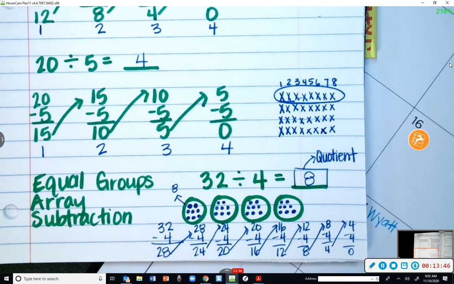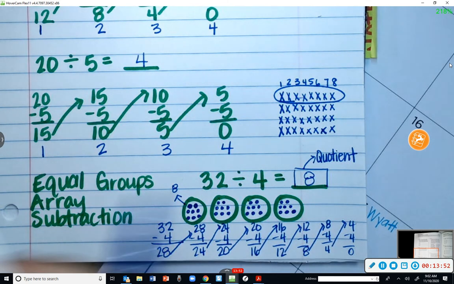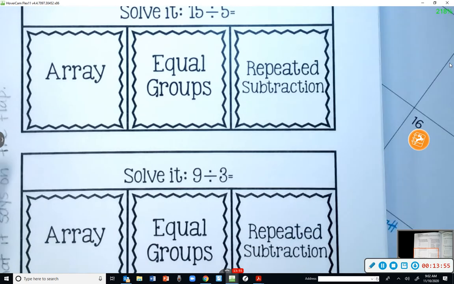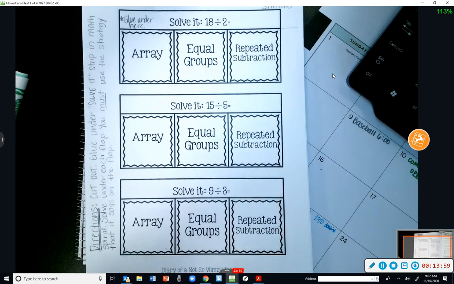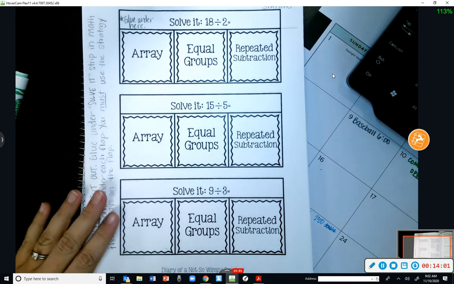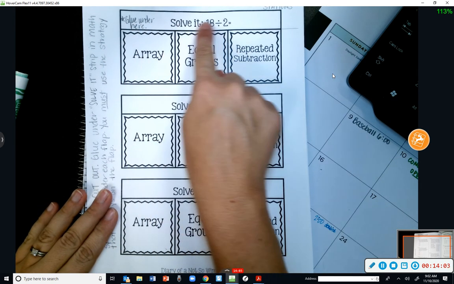Okay. So what you're going to do today is all 3 of those strategies that we just practiced. You're going to get a paper that looks like this. We are going to cut out each of the flaps and glue just where the problem is.